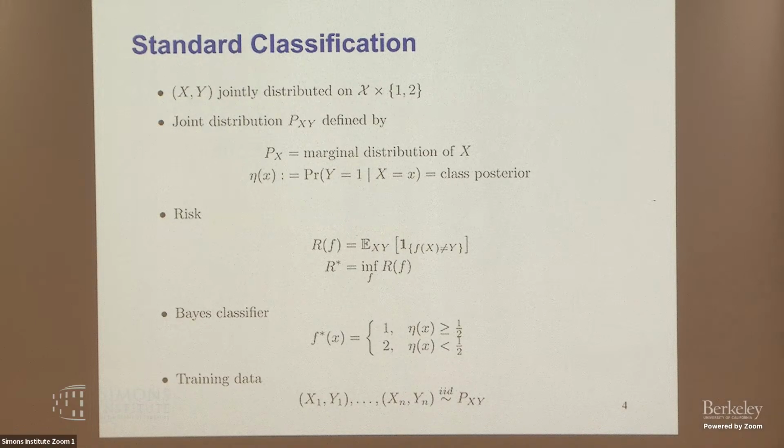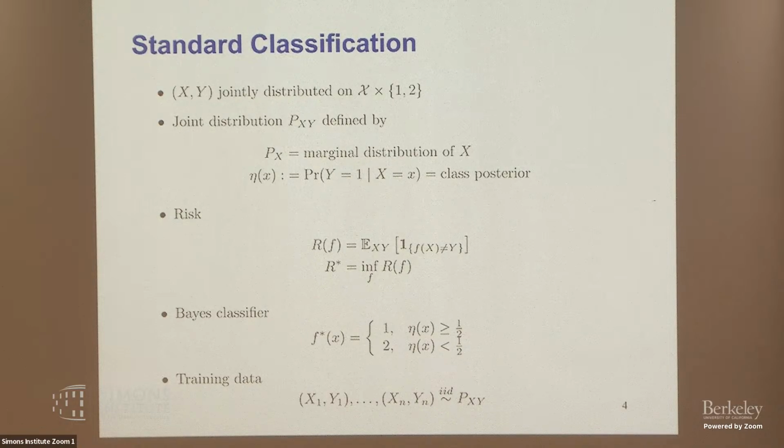Okay, so to begin, let me just set a little notation and talk about standard binary classification. Later, I'll be extending to multiclass, but for now, let me just focus on binary classification. This is the usual probabilistic setting. You've got your feature vector X and your label Y that are jointly distributed.